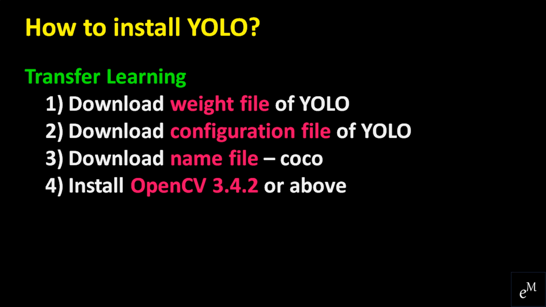We will simply download the weights and configurations of YOLO, and download the names file, which is called COCO, and use the deep learning framework in OpenCV that is compatible with YOLO. The advantage of that is that it works without the need to install anything, except that we need to install OpenCV. And one friendly reminder is that the version has to be at least 3.4.2.